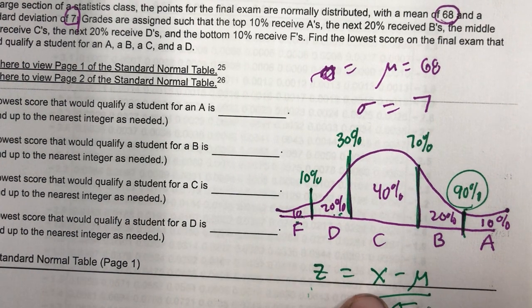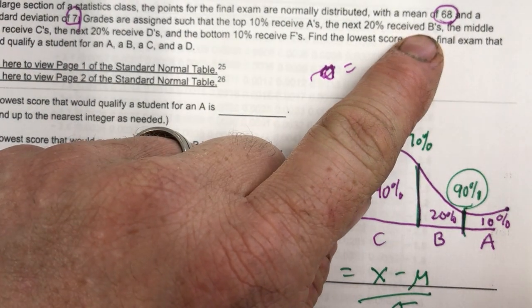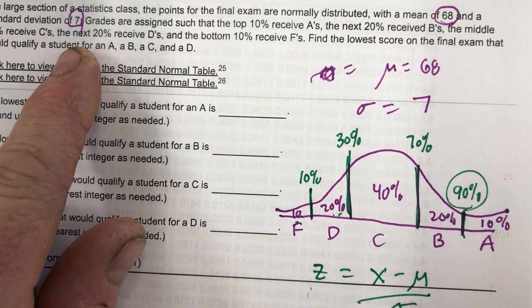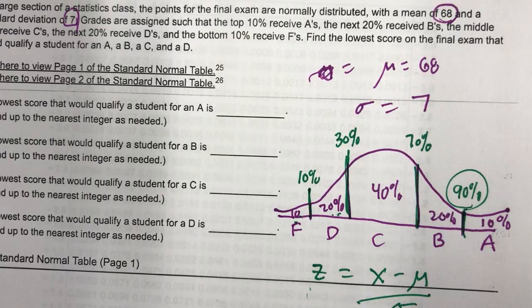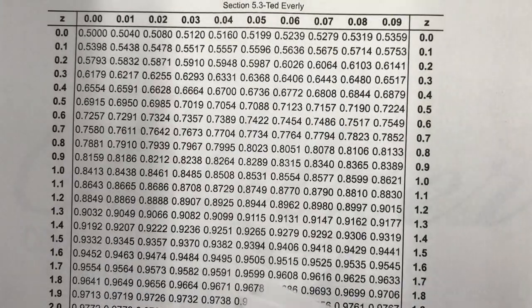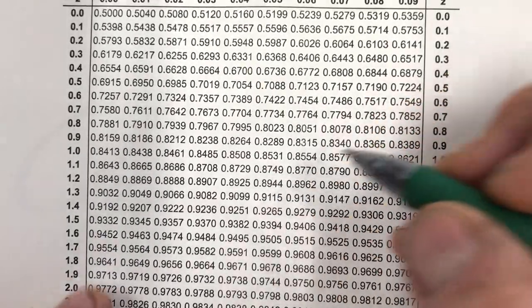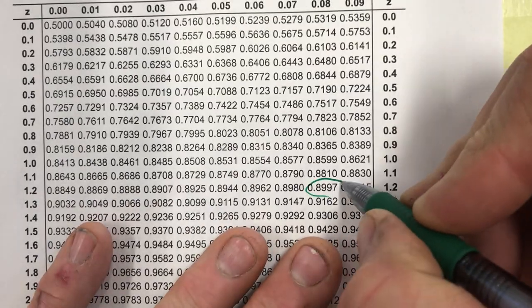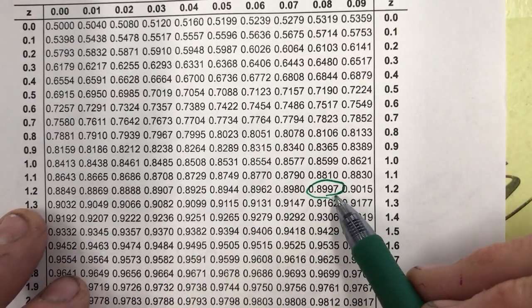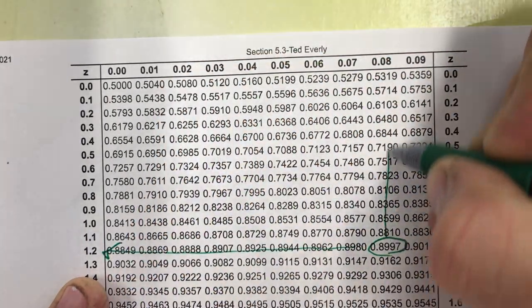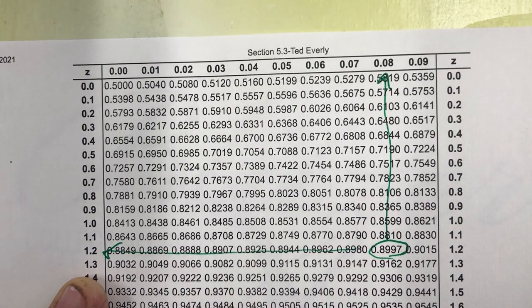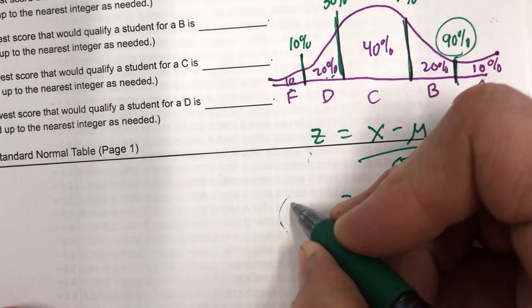I know my mu is 68, and I know my standard deviation is 7. I need to figure out what that z-score is. So I look up 90%, 0.90, right here. That's going to be 1.28, looking at the table. So this is 1.28.